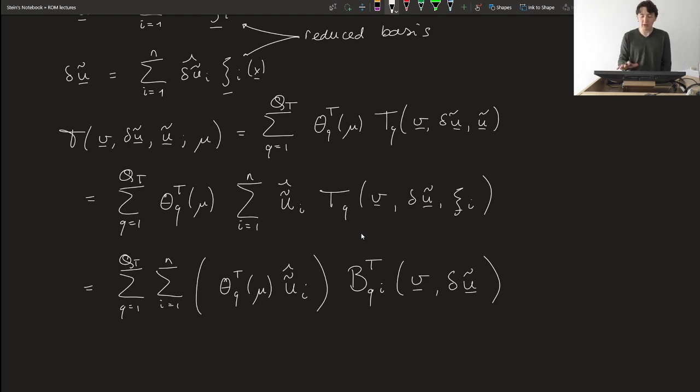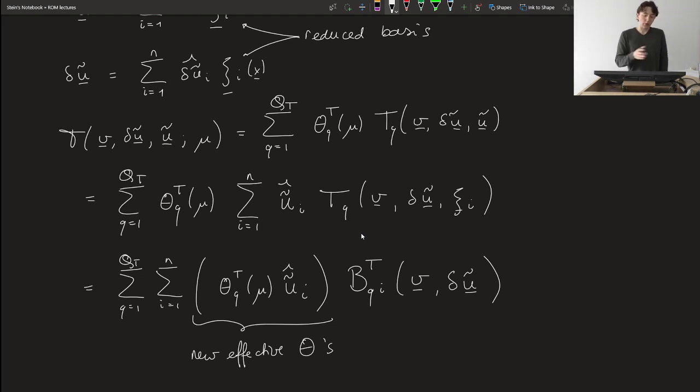I can keep that fixed, and then I can change this trilinear form into a bilinear form by simply fixing one of the components in the trilinearity. So these are going to be new effective thetas. But other than that, this is again simply a parameter-dependent affine decomposition.